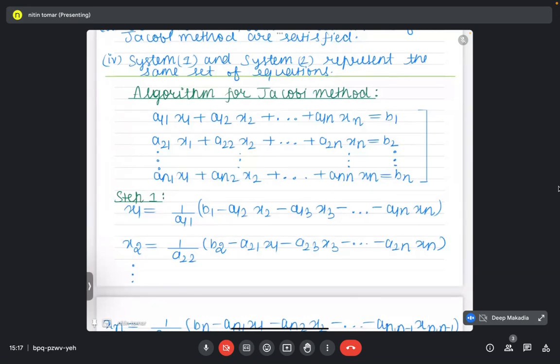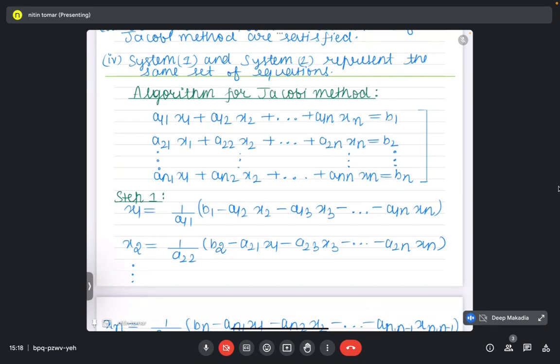Very good, a solution exists. And what about the second one? That the diagonal entries should be non-zero. In that sense it will work, but the more accurate assumption is that all the diagonal entries are non-zero, which means A11, A22, A33, up to Ann will all be non-zero.